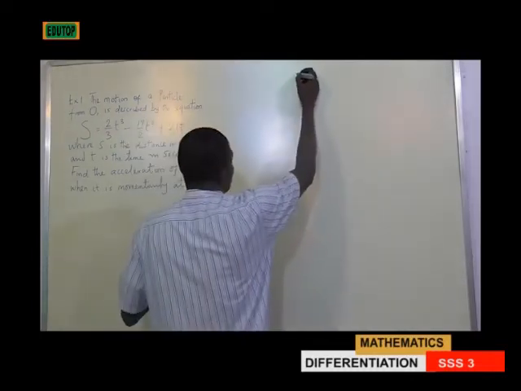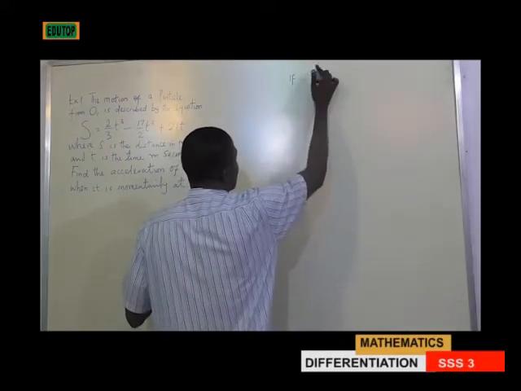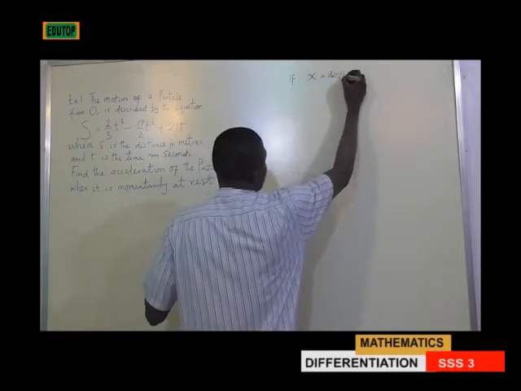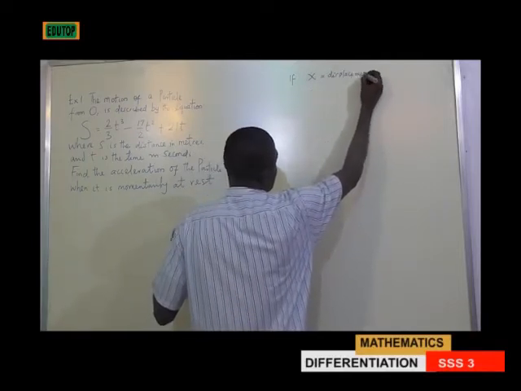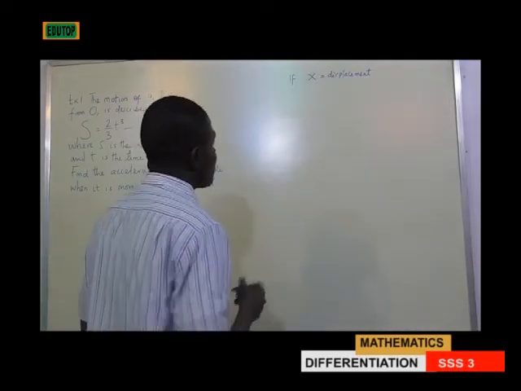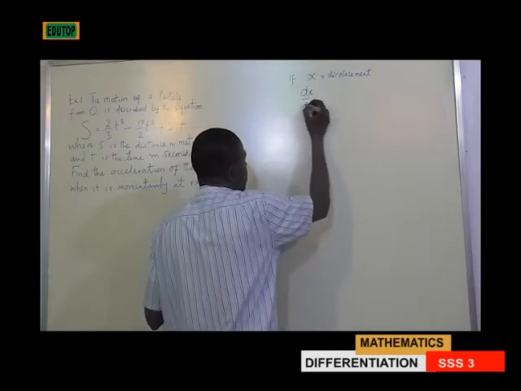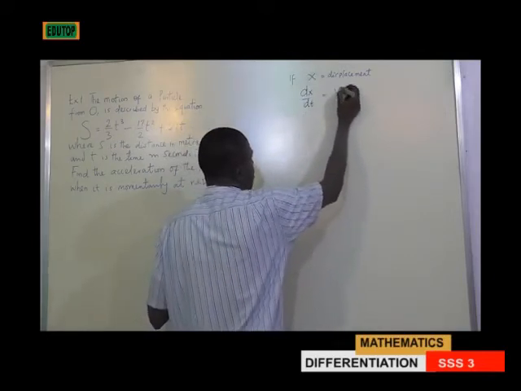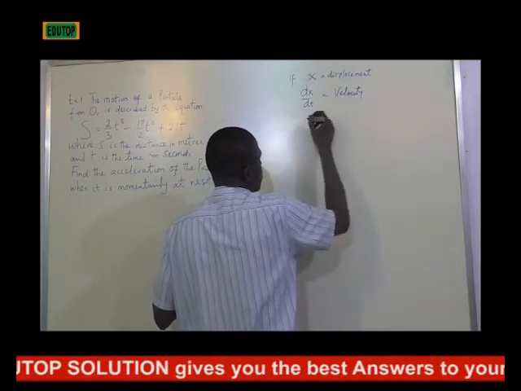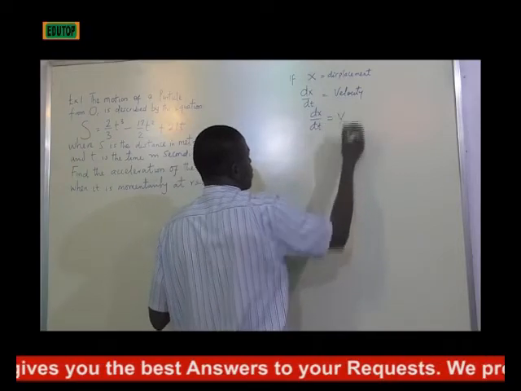If x is distance or displacement, because velocity is a vector quantity, so automatically dx/dt will be our v, which is known as your velocity. So dx/dt is our velocity.